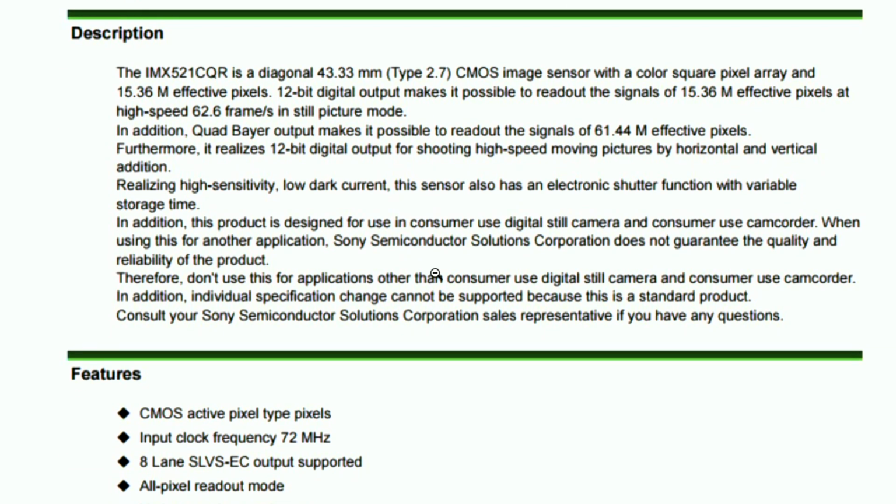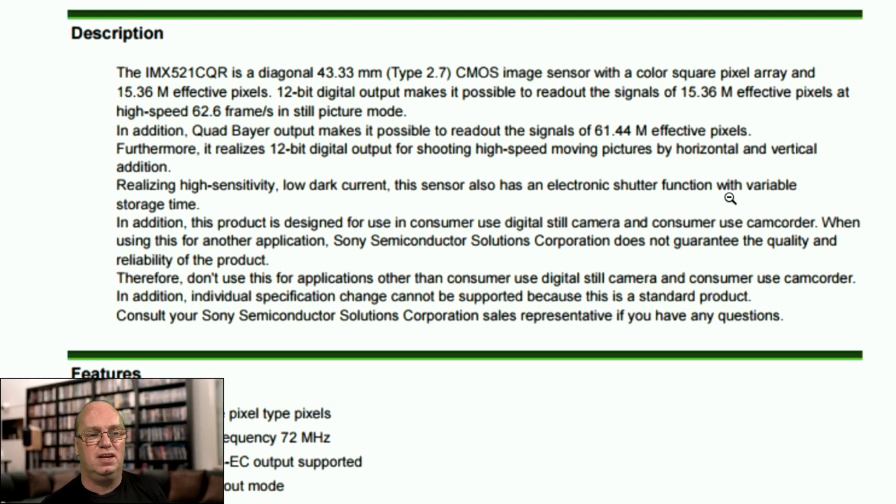Realizing high sensitivity and low dark current, this sensor also has an electronic shutter function with variable storage time. So think about that: variable storage time. Normally, let me put myself a bit back in the picture, let's say a bucket, because that's basically what's happening.